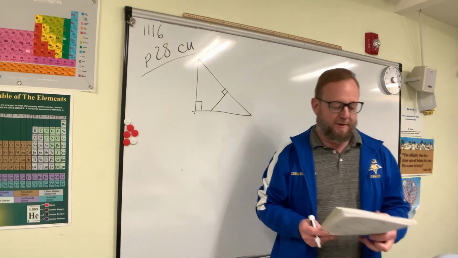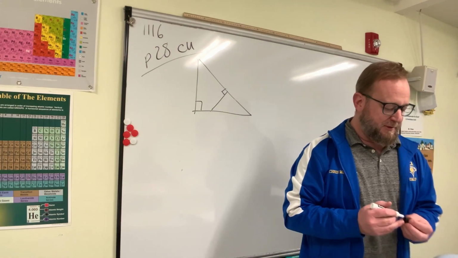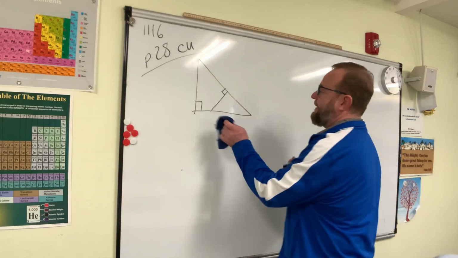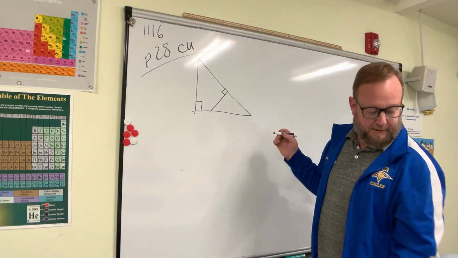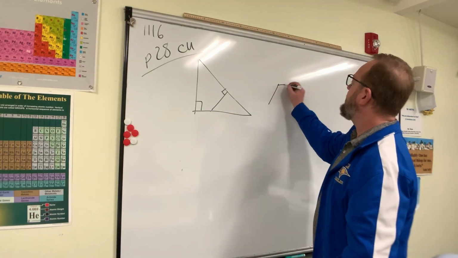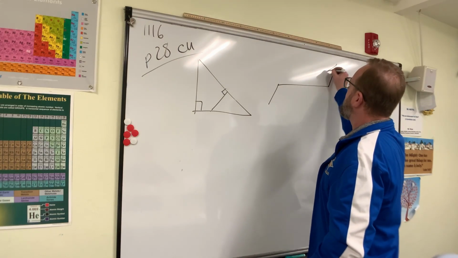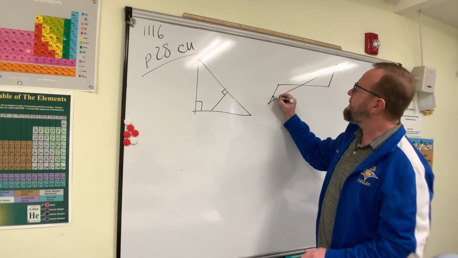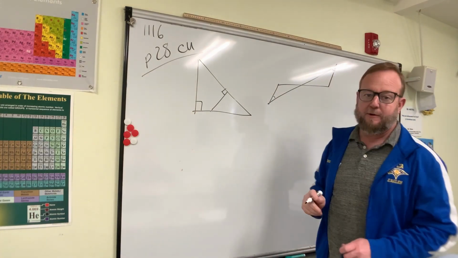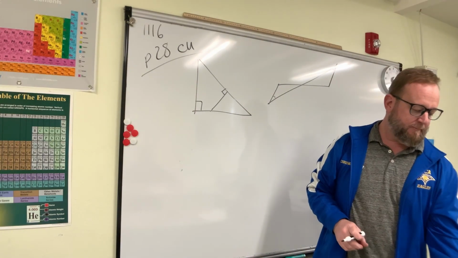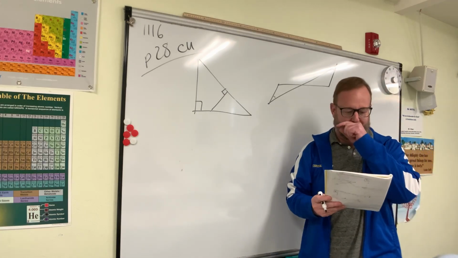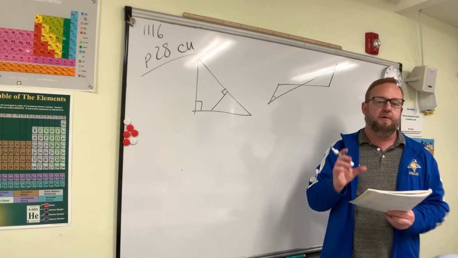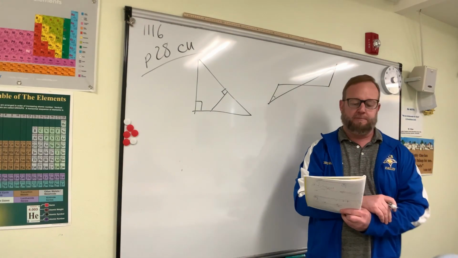Number 2. Number 2 is the geometry bow tie. It's kind of an angledy one. Maybe like that, I don't know. You're given that angle and that angle are congruent. Which postulate or theorem would you use to prove those as similar triangles?